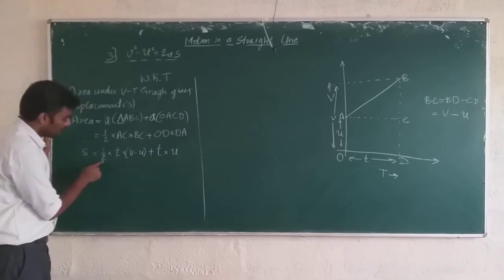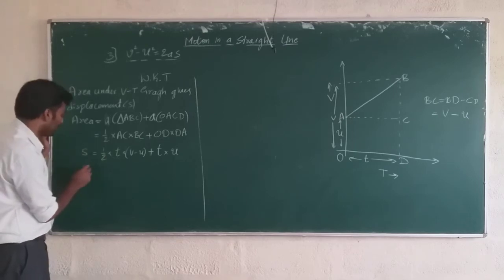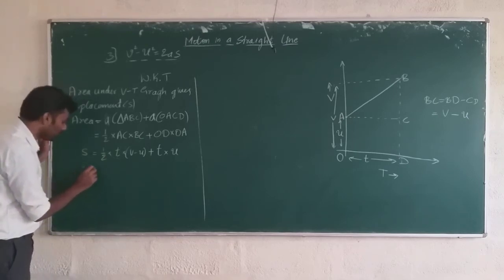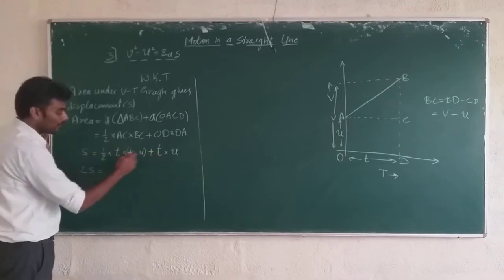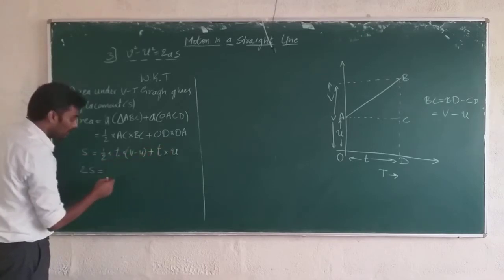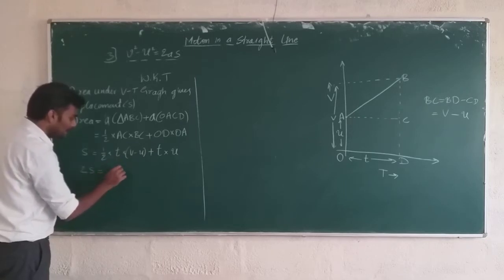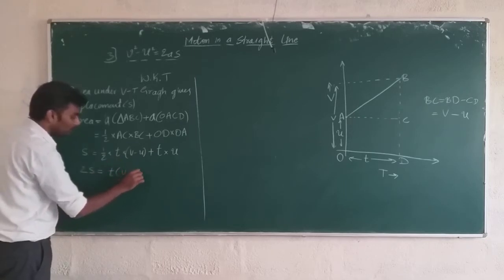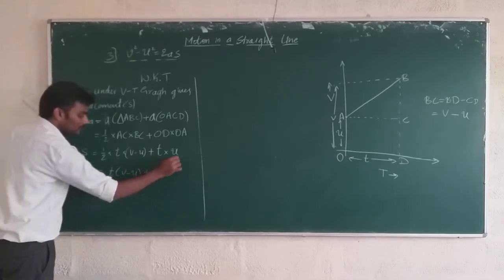And yeah, you can take this 2 to the LHS, hence the equation becomes 2S is equal to, see, before that I should take the LCM, and this becomes 2UT. So 2S is equal to t times (V minus U) plus 2 times UT.